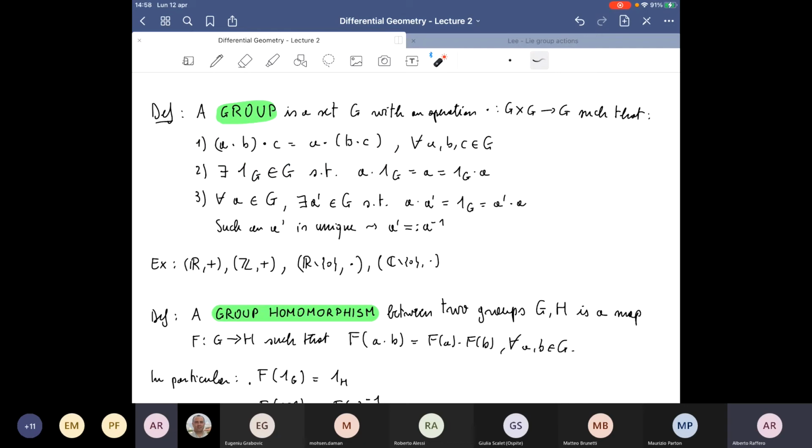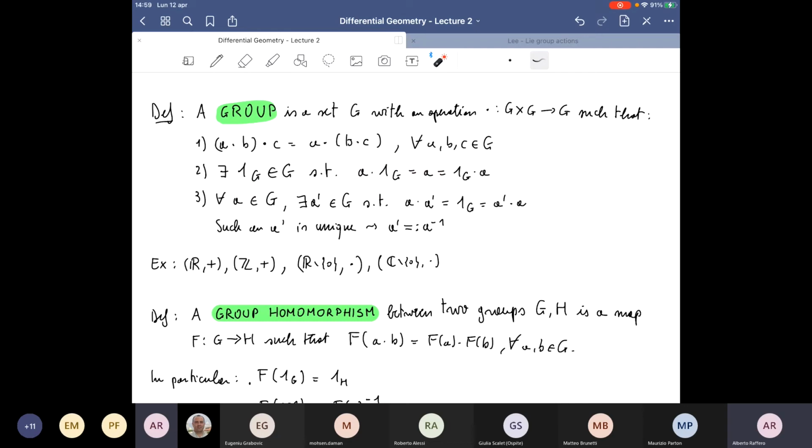Then you want the existence of a neutral element for this operation. This means that you have this element in your group, also in your set, which is the neutral element for this operation here. So this means that if you consider any element A in your group and you multiply it by this neutral element, you get the element A, and this does not depend on multiplying it on the left or on the right.